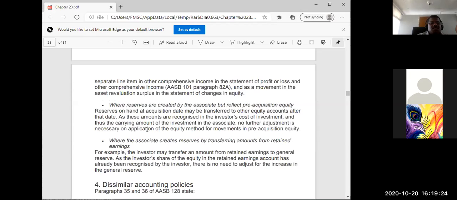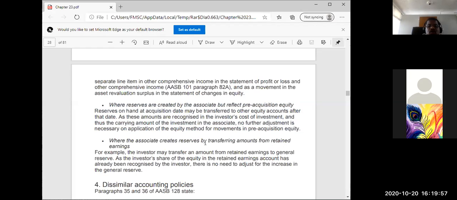No further adjustment is necessary on application of the equity method for movements in pre-acquisition equity. So when you invest in a business, all these pre-acquisition equity increases and decreases are considered, and they will be reflected in the investor's cost of investment, so no entry is required. You forget about this second category.